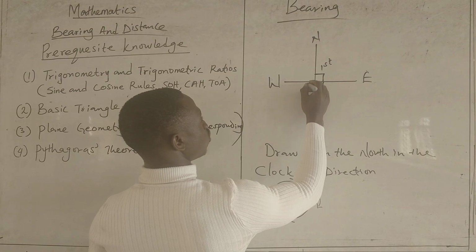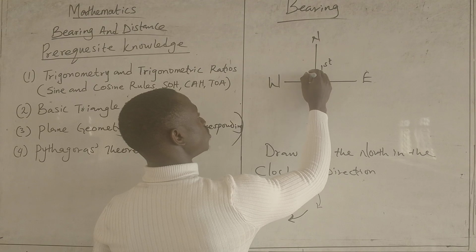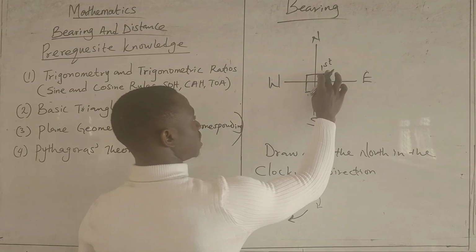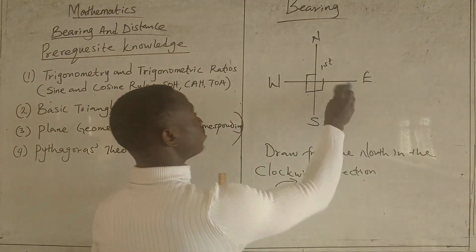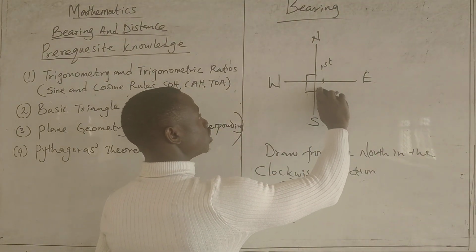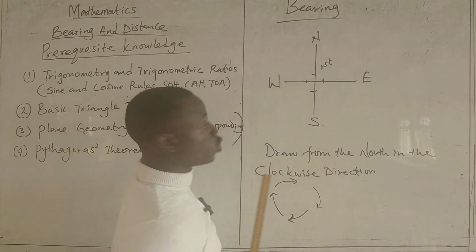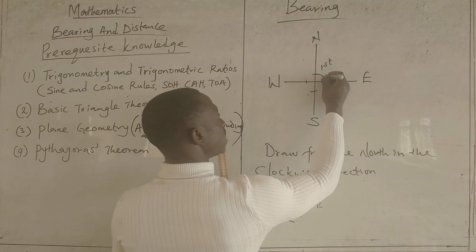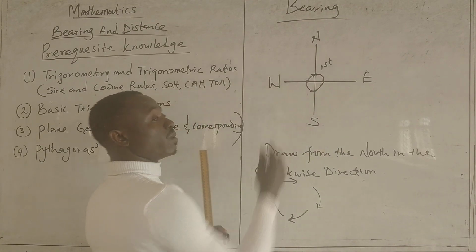From south to west is also 90 degrees. And from west to north is 90 degrees. So the complete rotation, the complete movement from north through east, through south, through west, and then back to the north, is going to be a complete turn of 360 degrees.